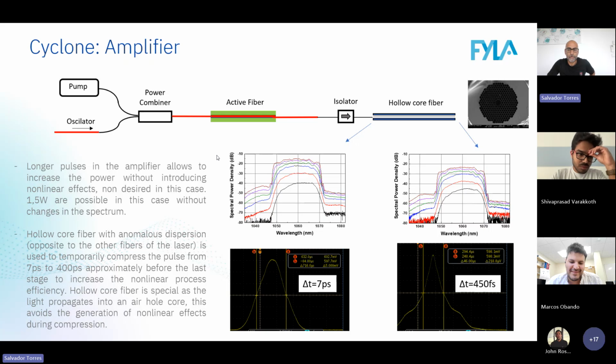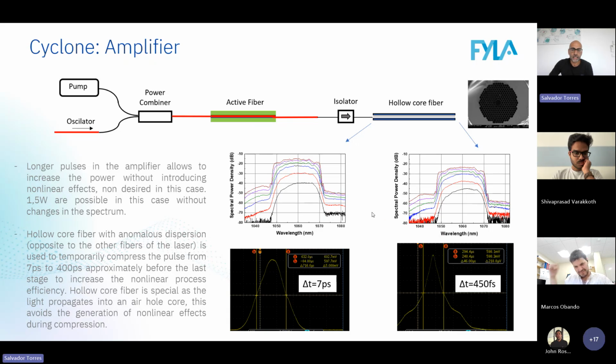For this, a fiber with anomalous dispersion, opposite to the rest of the fiber used, will compress the pulse to about 400 femtoseconds.